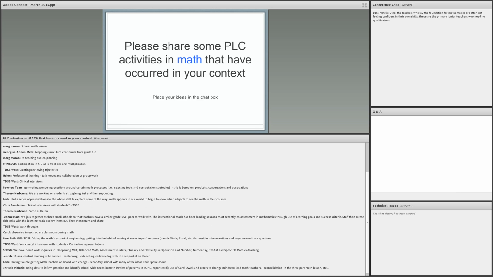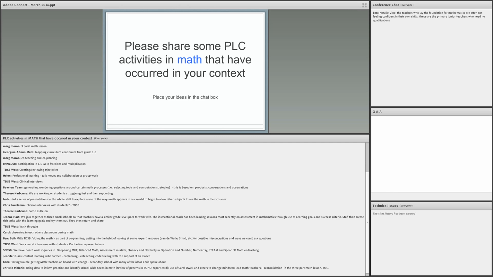Observing one another's classrooms with a focus, I would assume, on what the student understanding is. And look at this SCDSB with all those inquiries going on there. So lots of things going on, and it looks like you're all taking part in lots of really good professional learning, as well as setting the stage for your teachers in terms of professional learning.